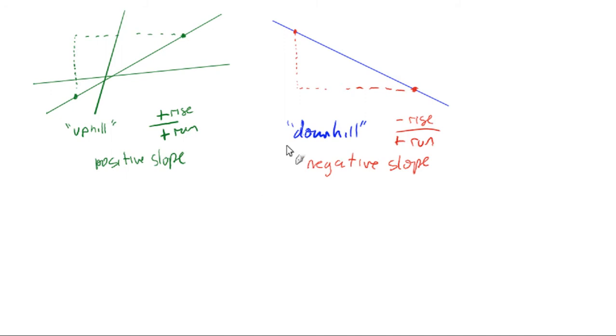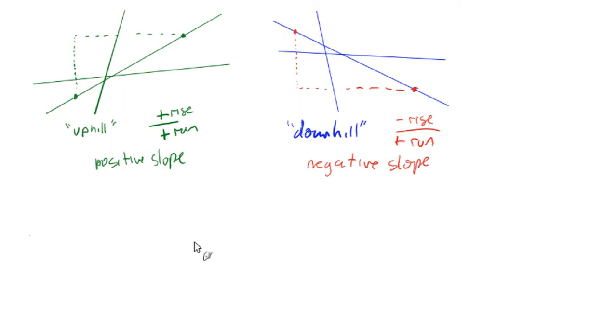Okay. So that would apply to any line that goes, quote, downhill, whether it's really steep or really, really shallow. You can see that you would always go down in rise and to the right in run. Negative rise, positive run for a negative slope. Okay. What about, let's pick this one.